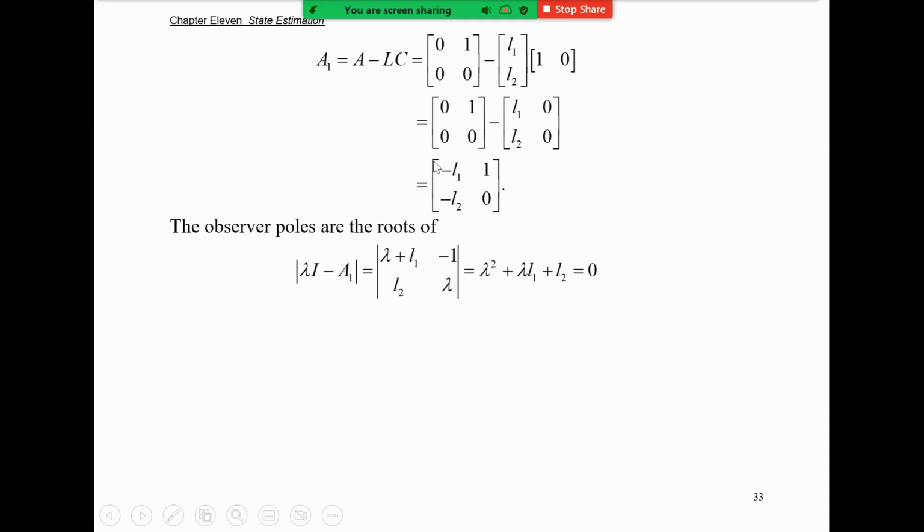You get lambda plus L1, this is minus 1, here minus L2 becomes L2, here 0 becomes lambda minus 0. You get the determinant of this matrix, and you get this. So that is the characteristic polynomial of the observer.